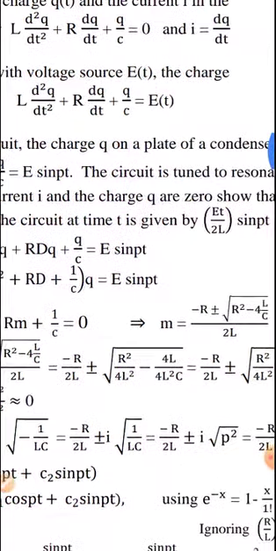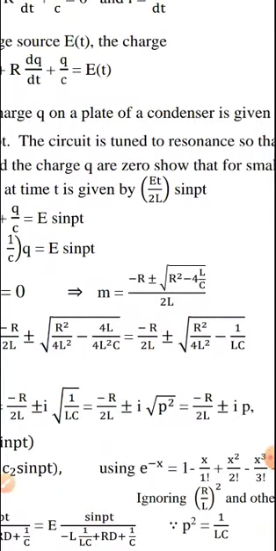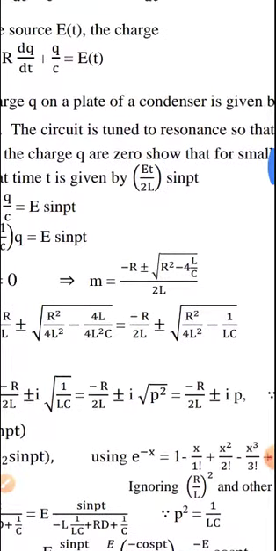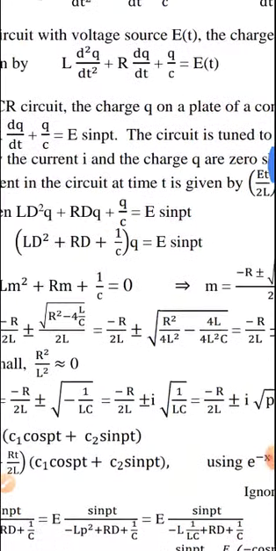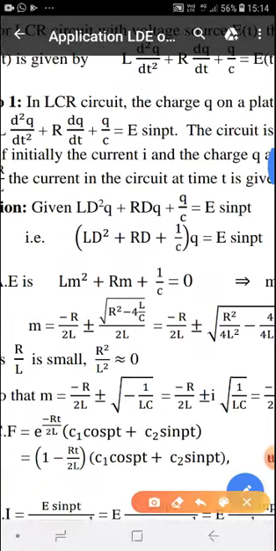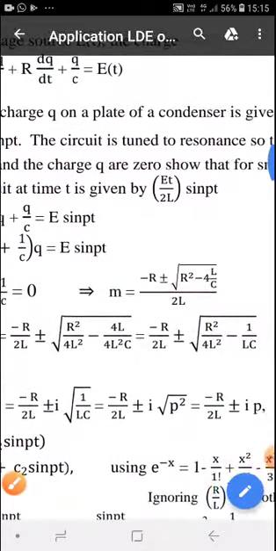So solving this quadratic equation, we get the roots m as equal to, use the formula m equal to minus b plus or minus root of b square minus 4ac divided by 2a. Here in the equation, a is L, b is R and c is 1 by c. So substituting that a, b, c in the formula for the roots of the quadratic equation, we get m.